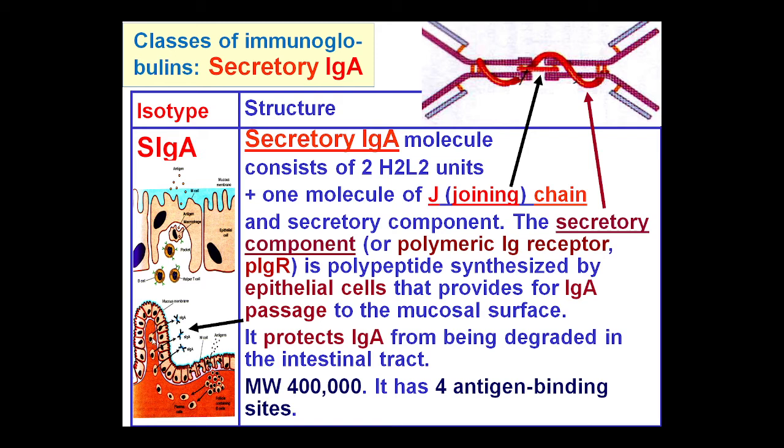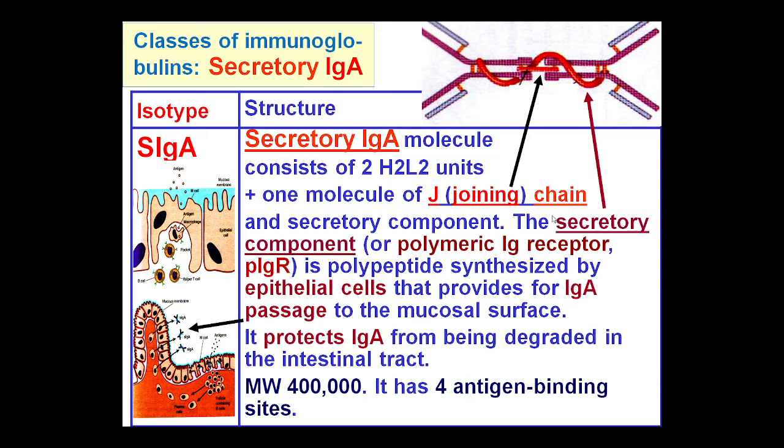Then B cells are transformed to plasma cells that produce immunoglobulin A. This is polymerized to dimers and additionally is coated by the protein secretory component, secreted not by the plasma cell but by the epithelial cell. This is the only example when a molecule of immunoglobulin has something produced not by the plasma cell, but by the epithelial cell.